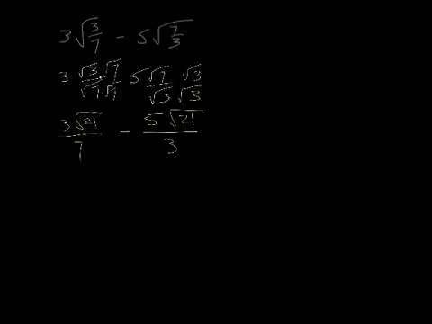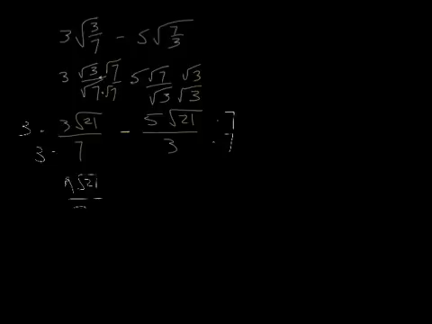So I have different denominators. Again, what do I have here that I don't have over here? I have a 3 here and a 7 here. So I'm going to multiply this by 3, and I'm going to multiply this one by 7. That gives me 9 square root of 21 over 21 minus 35 square root of 21 over 21.